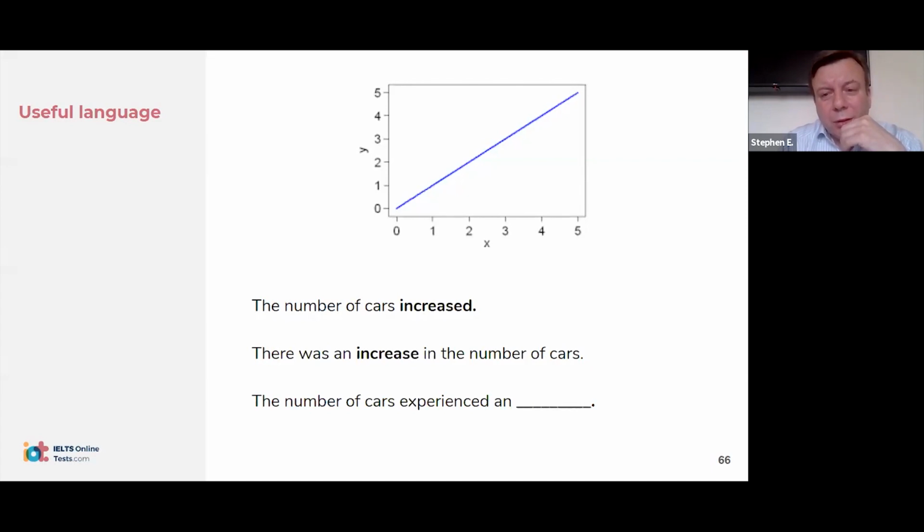Yeah, good. Yeah, so you're varying the word forms there, verb and noun, so that's good. Well done. And then the number of cars experienced a what?